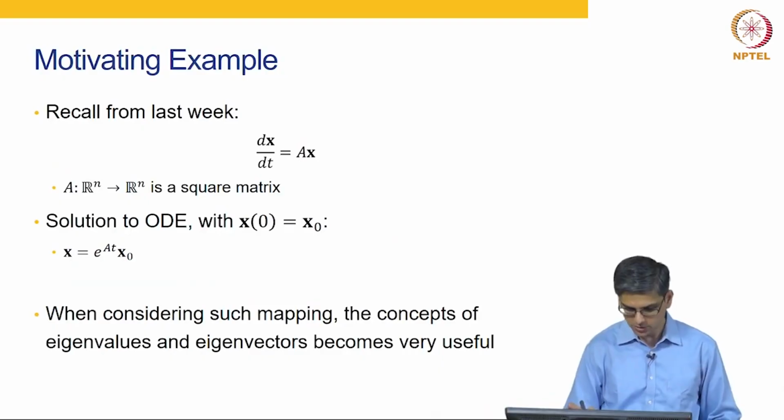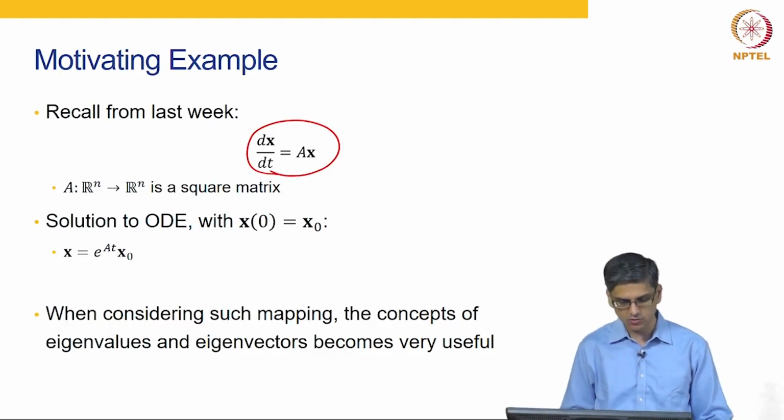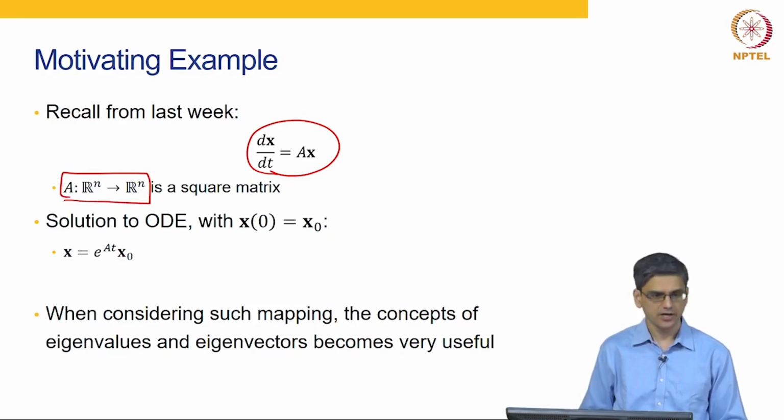Okay. So, the motivating example that we are going to talk about for motivating eigenvalues and eigenvectors is dx by dt equal to Ax, okay, where A is a square matrix. Why?